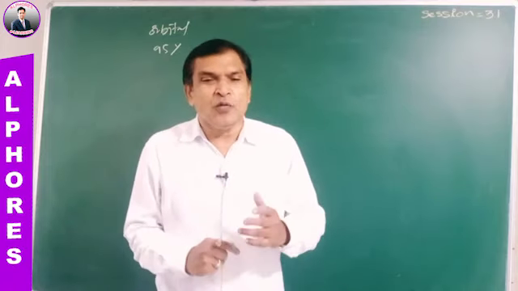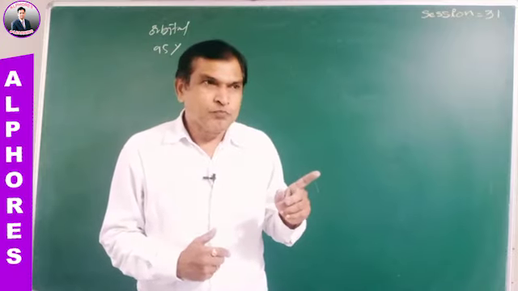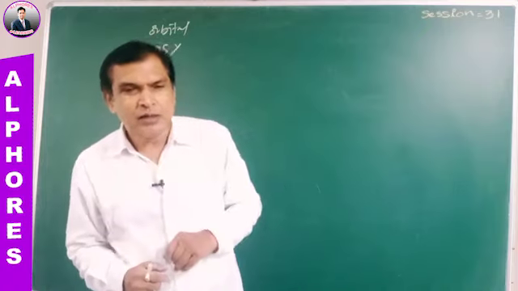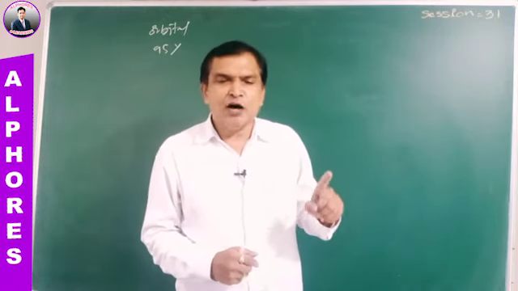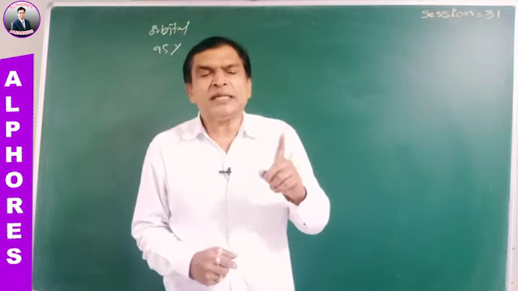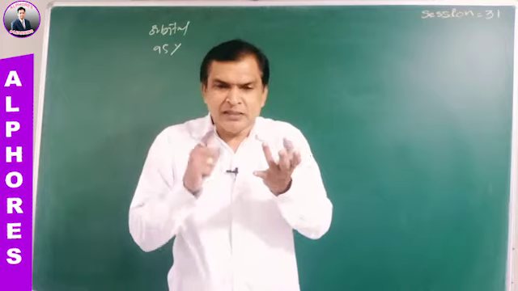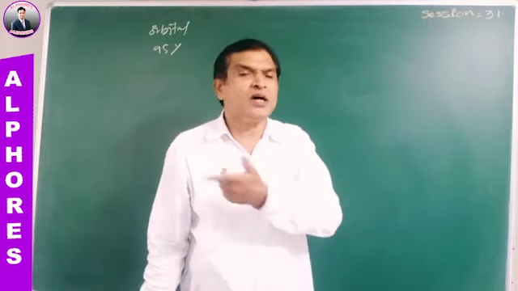Here, I will explain an interesting question. Now write down the question, I will give it slowly. Note down: the radii of maximum probability for 3s, 3p and 3d electrons are in the order.